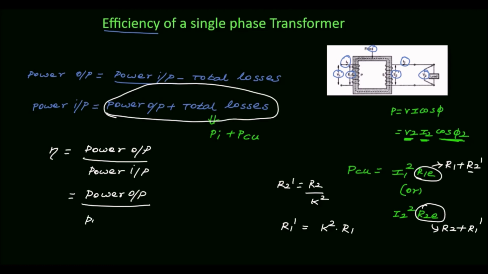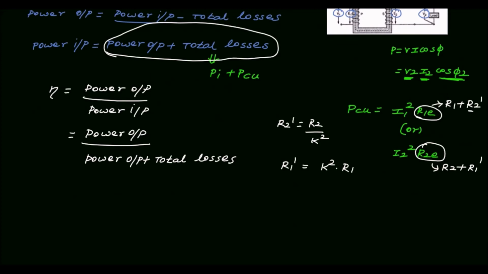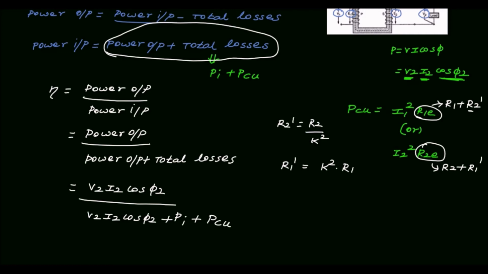So this is equal to power output, V2 I2 cos phi 2, divided by power output again, V2 I2 cos phi 2, plus total losses, which is iron loss and copper loss, Pi plus P copper. So this is the efficiency.